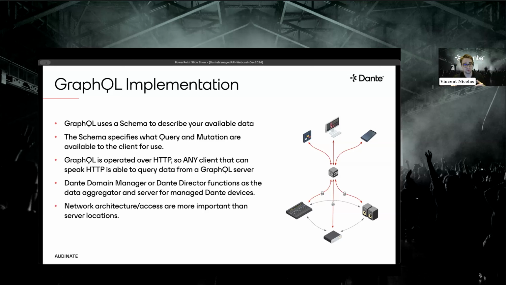Dante Domain Manager or Dante Director aggregates all the data. It takes care of communicating with the devices and discovering all the devices for you, and you have a single point of communication between your application and all the Dante devices of the network. So this is a big plus.